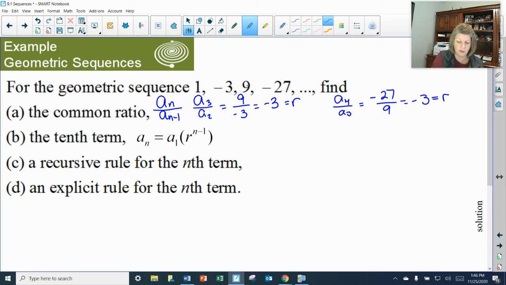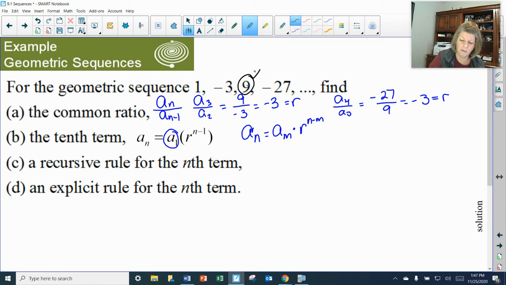The 10th term. So we do have the a sub 1, but I'm going to pretend that we don't. Let's just jump in. I could also say a sub n equals a sub m times r to the n minus m. Because I want to show you, I know some of the homework probably will not always give you that very first term.